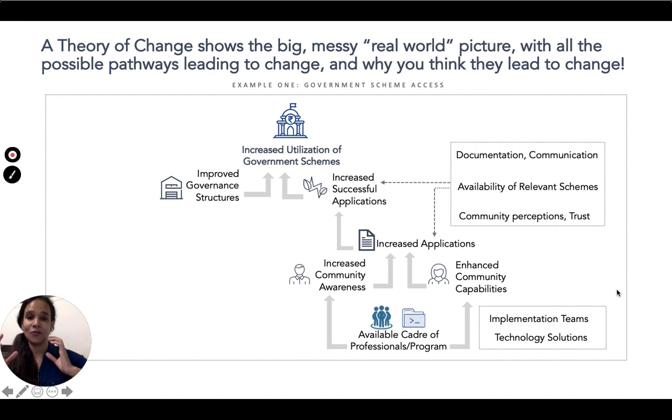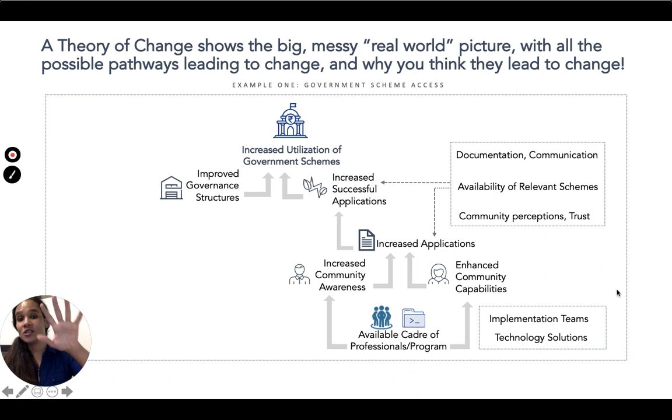Do they have information on the schemes available? Do they have the interpersonal skills to connect with the communities and all of that? So if you just look at this, there's a lot of considerations on just the side of increased successful applications that a theory of change helps you to start thinking about and to recognize.